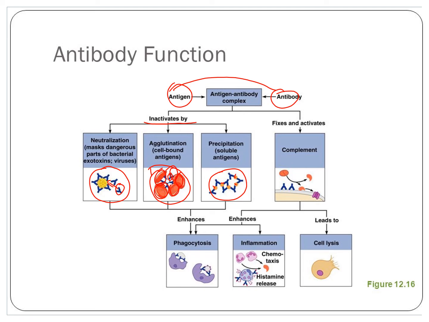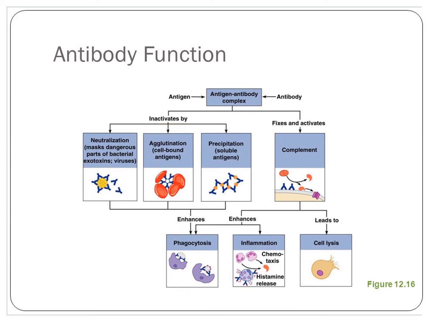Now each one of those inactivations leads to easier and enhanced phagocytosis and an additional inflammatory response. Remember that inflammatory response creates a chemotaxis and a histamine or vasodilative response, which brings more phagocytes that can clean up the area faster. So antibodies aid in that function.